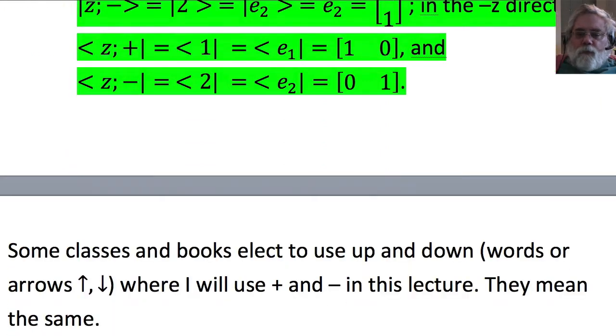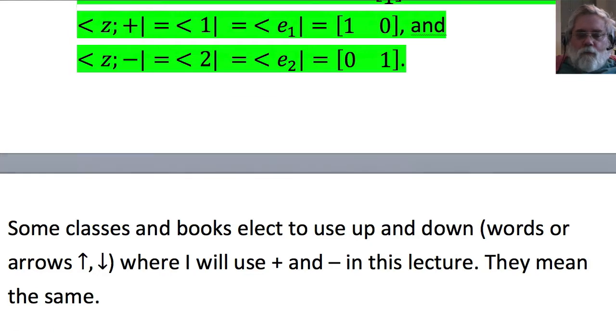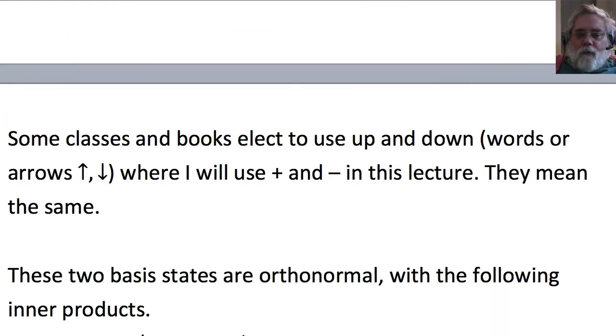Some classes and books elect to use up and down, either the words or arrows, up arrow and down arrow, where I will use plus and minus in this lecture. They mean the same thing. I just find it easier to type plus and minus and to speak plus and minus rather than up and down.